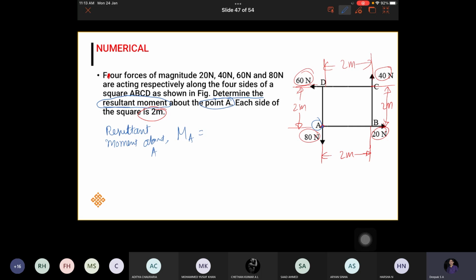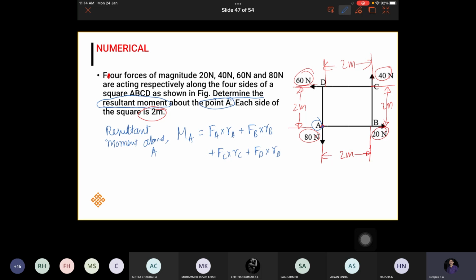See here, instead of that, point A is there, point B is there, point C is there, point D is there. Shall I take FA into RA? Yes, sir. The next force is FB into RB, plus FC into RC plus FD into RD.